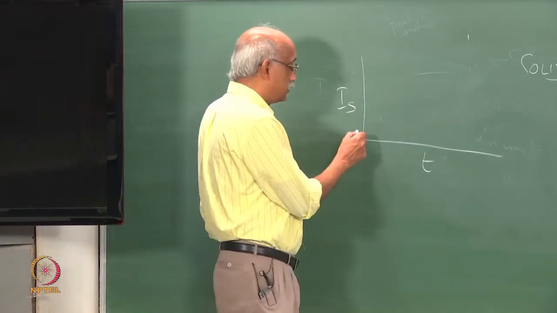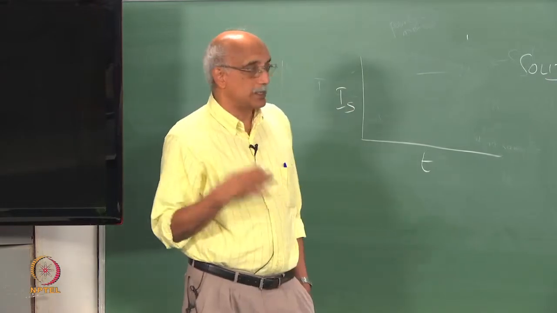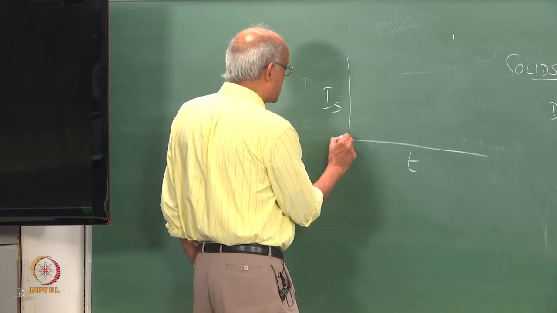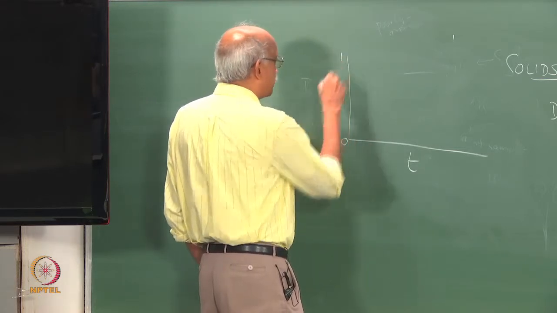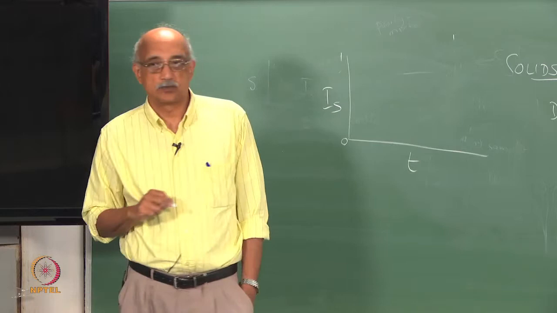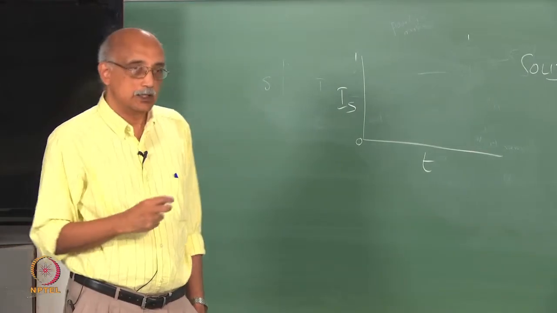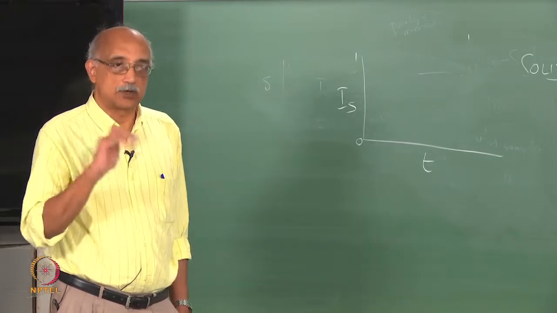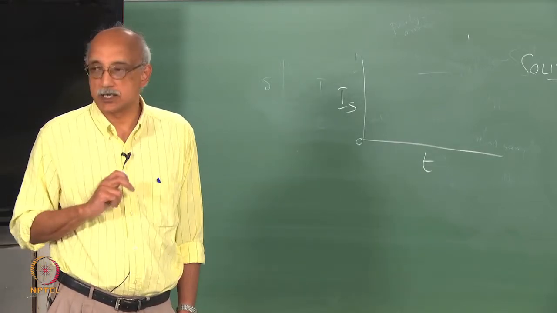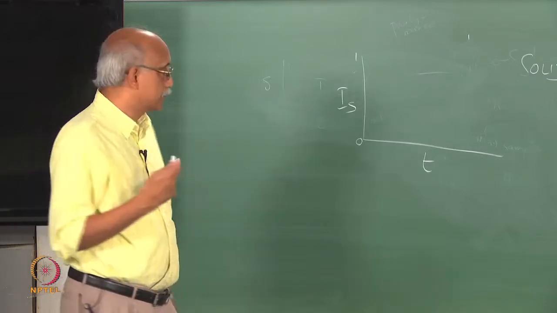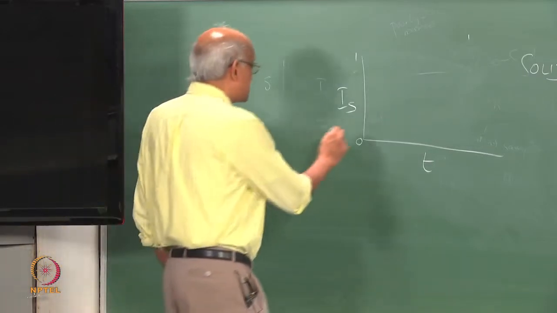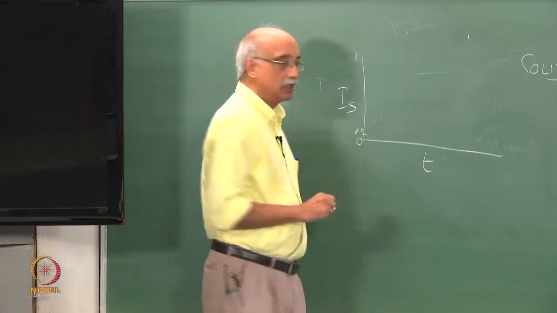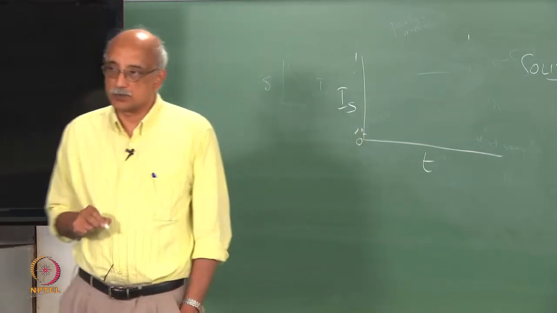For one thing, you never go to values as high as 100 or so. In fact, in this particular case, the maximum is about 1 by the definition, because you are using the equilibrium value as your reference value, the maximum value that I_S can have is only 1, right. And we know that it is never going to be equal to 0, because there is always going to be some finite amount of mixing even at time 0.